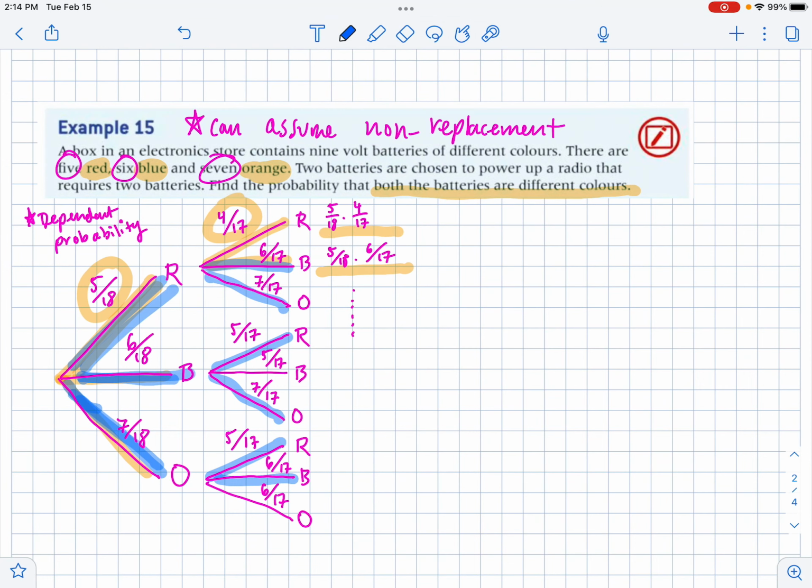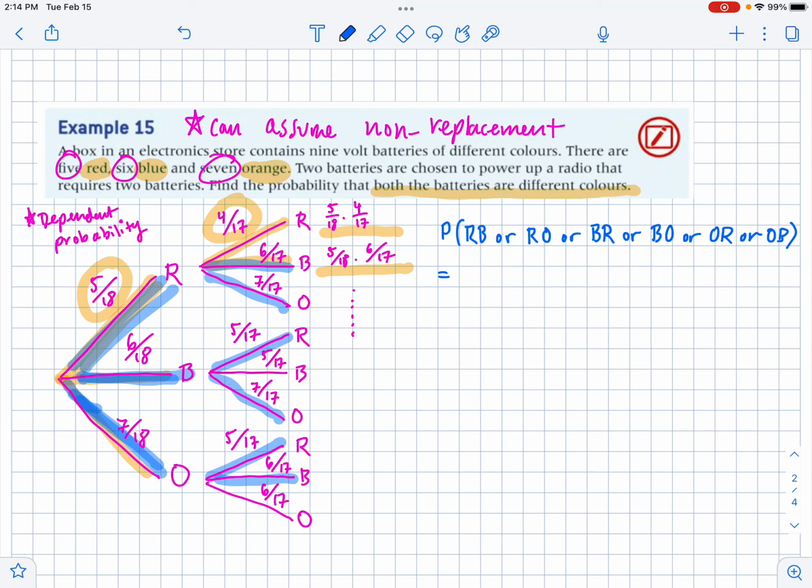So here, I'll color coordinate. I'll do that in blue. So this is going to be the probability of red, blue, or red, orange, or blue, red, or blue, orange, or orange, red, or orange, blue.